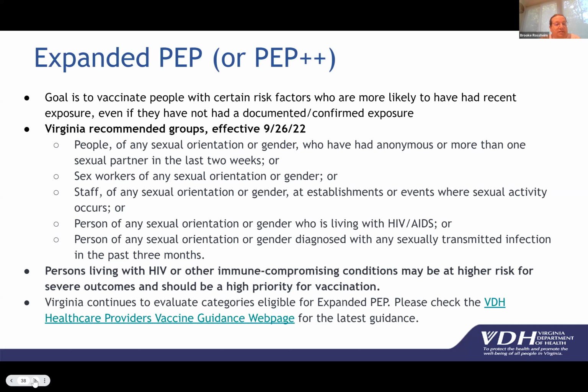That would be people of any sexual orientation or gender who have had anonymous or more than one sexual partner in the last 2 weeks, or sex workers of any sexual orientation or gender, or staff of any sexual orientation or gender at establishments where sexual activity occurs, like a sex club, or people of any sexual orientation or gender who are living with HIV/AIDS, or people of any sexual orientation or gender diagnosed with any STI in the past 3 months.